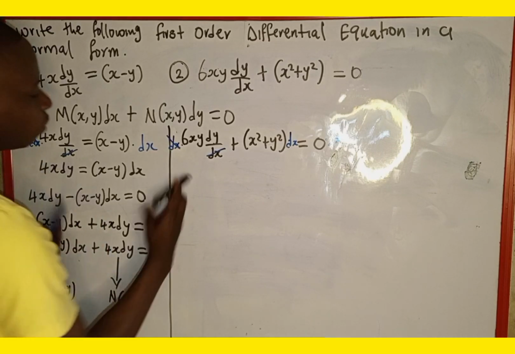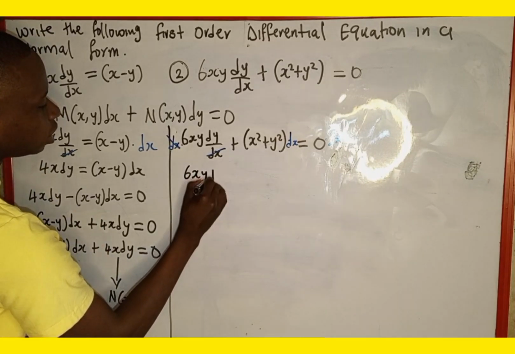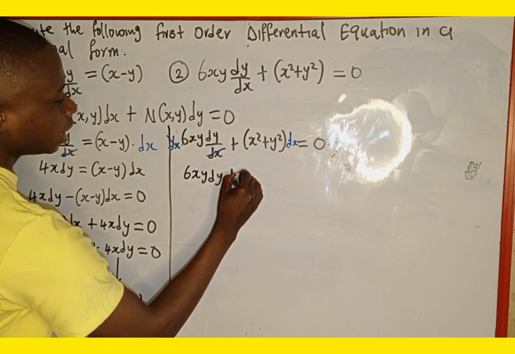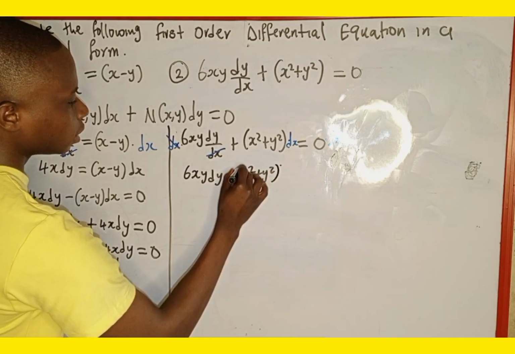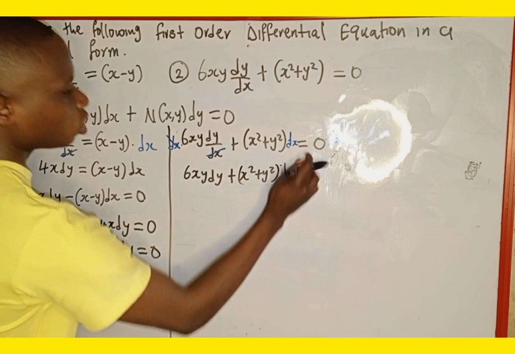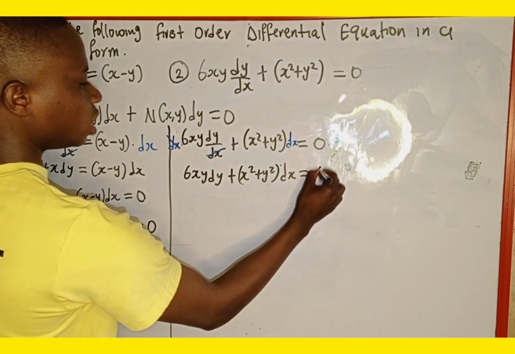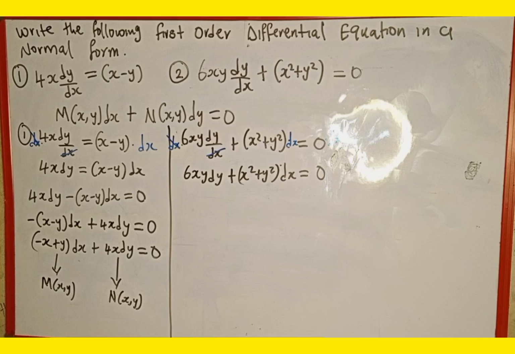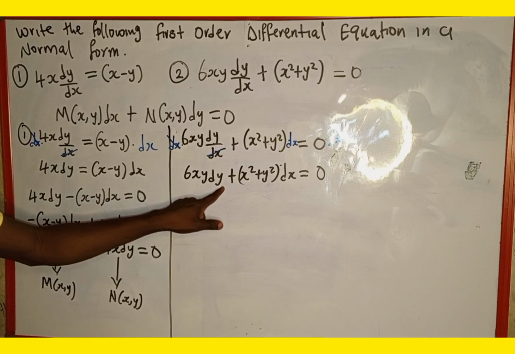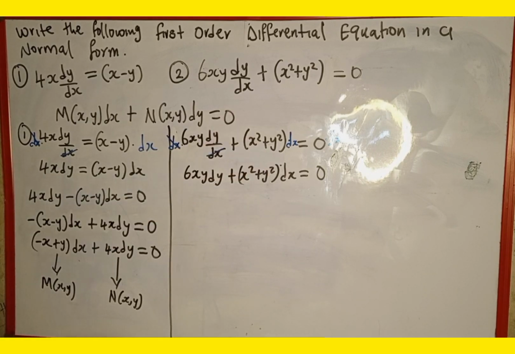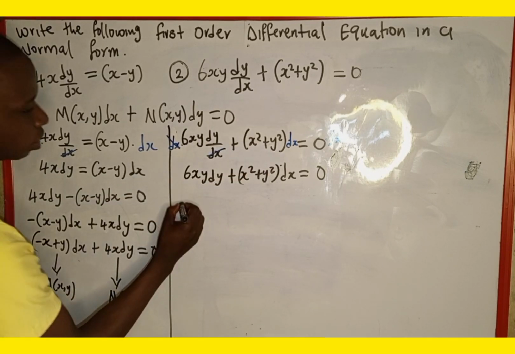So we are going to have 6xy dy, then plus (x squared plus y squared) dx, which is equal to 0, because 0 multiplied by anything is still 0. If you look at this first order differential equation, it is in this form, but dx came before dy, so we are going to rearrange the equation.